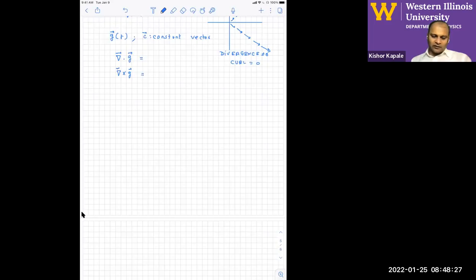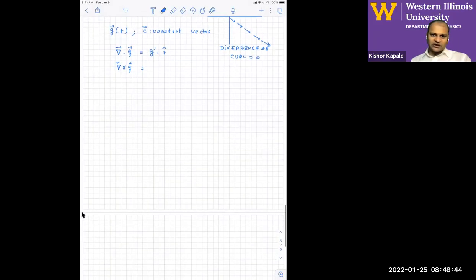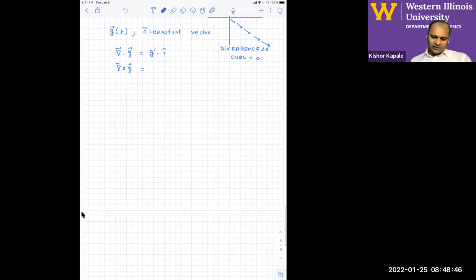Both of those are fair game. What you get in this case is that the divergence of g is g prime dotted with r hat, where g prime is basically just the derivative of g. The curl of g happens to be r crossed with g prime.